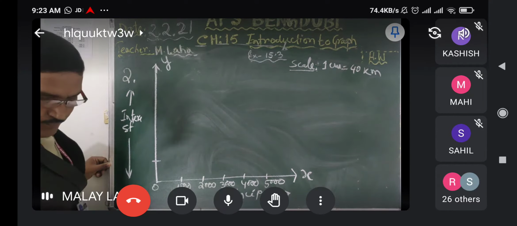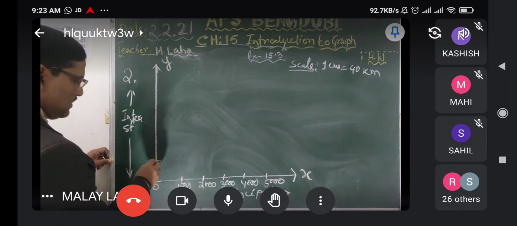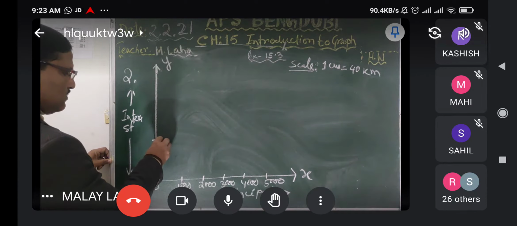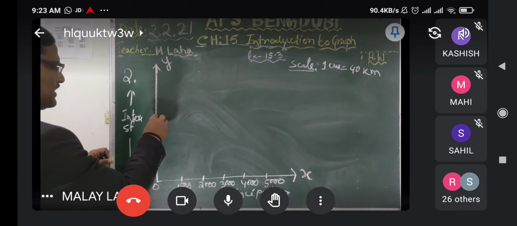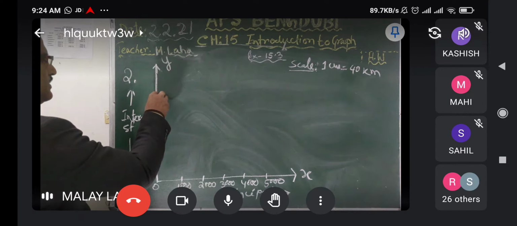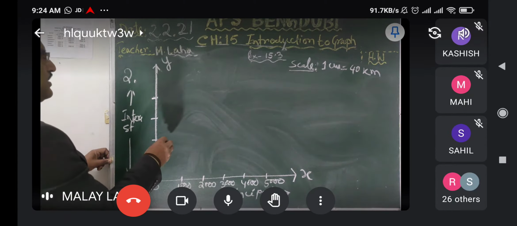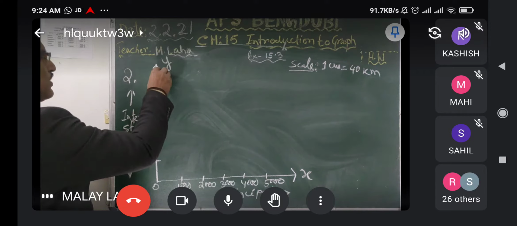So how much interest? It is a table of 80. They are taking the table of 80. 80, then 80 double 160, another 80, 240, another 80, 320, another 80, 400.